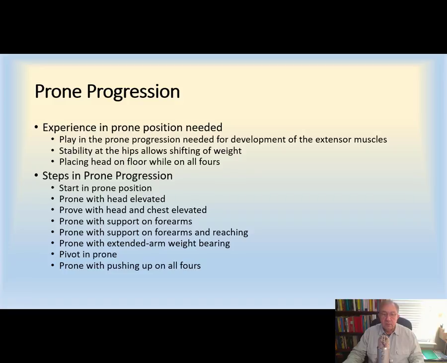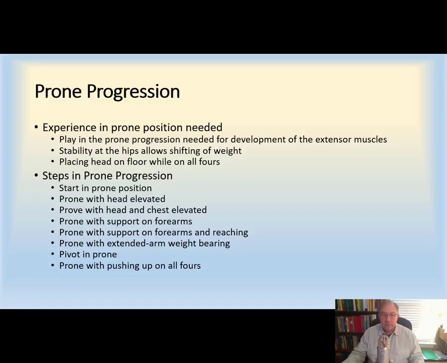And it's stability at the hips that allows the shifting of the weight to one side, which ultimately frees the other side and the arm to move forward.